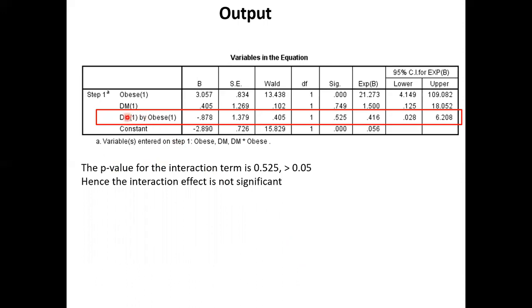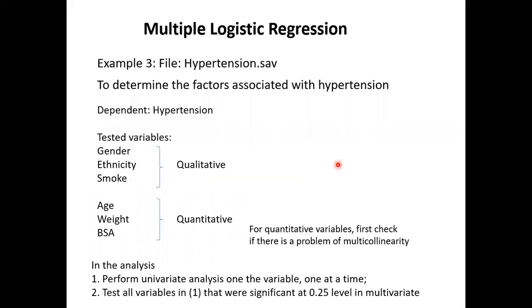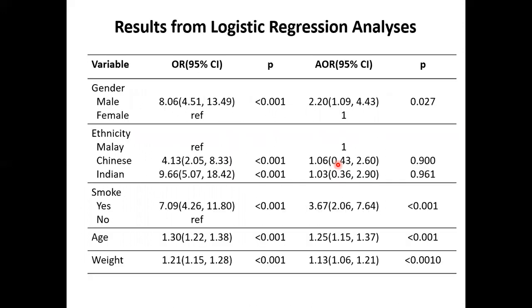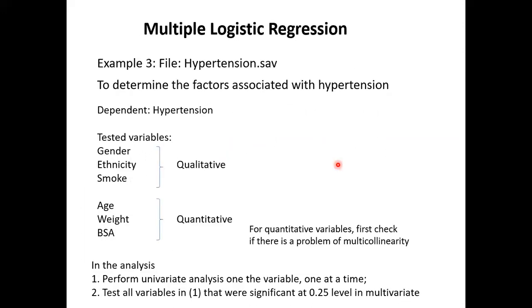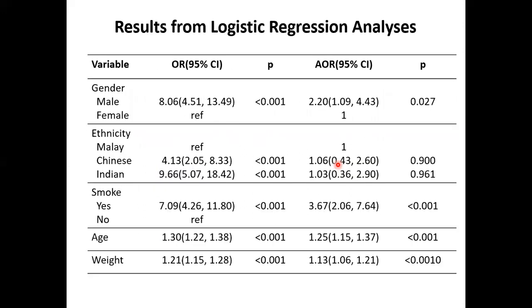So look at diabetes, obesity, the p-value is 0.525. That means no interaction between the two. Right? So that's another one. Next, that will be on the homework. Then I give you the assignment. We're going to do this later and see how to fill out this table.